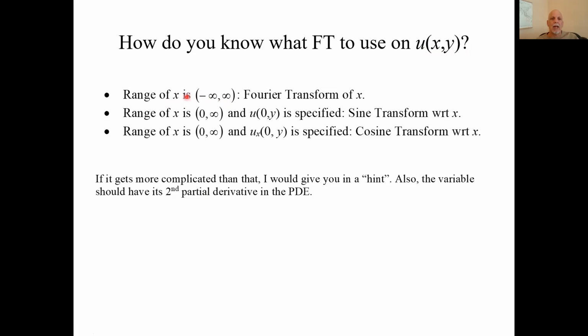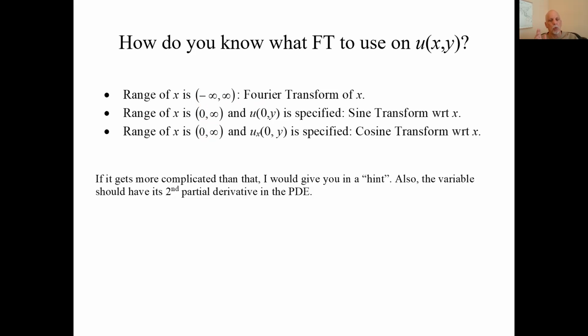And if the range of that x is minus infinity to infinity, an infinite range, not a semi-infinite range, you'll use the Fourier transform. If it's a semi-infinite range, meaning from 0 to infinity, then you're either going to use the cosine transform or the sine transform.